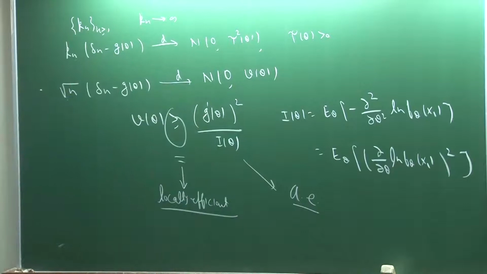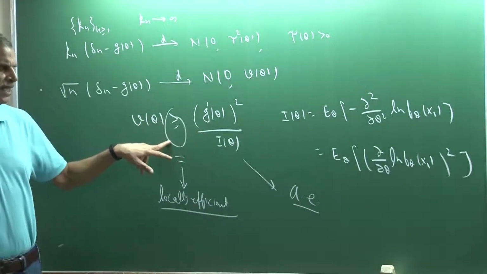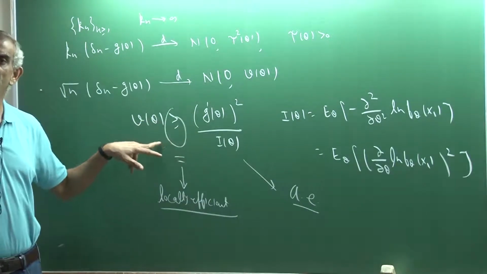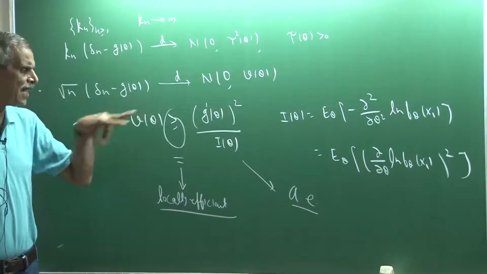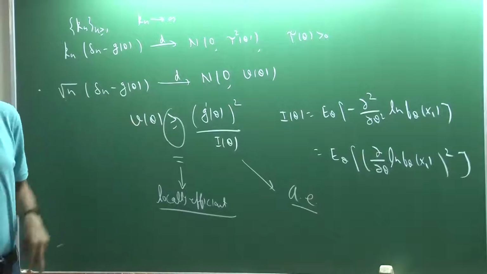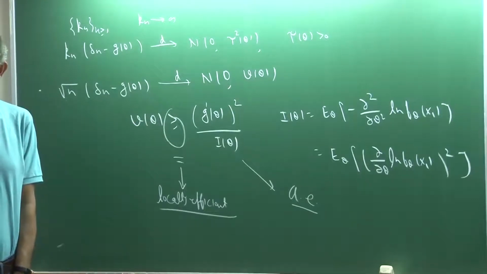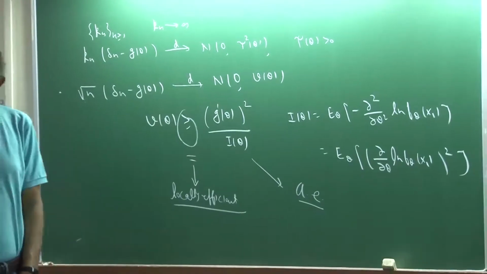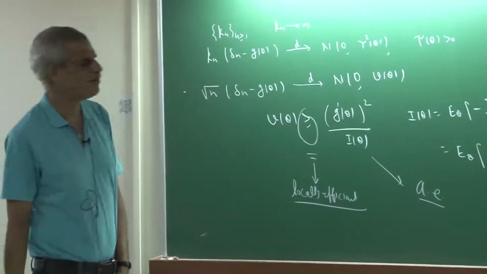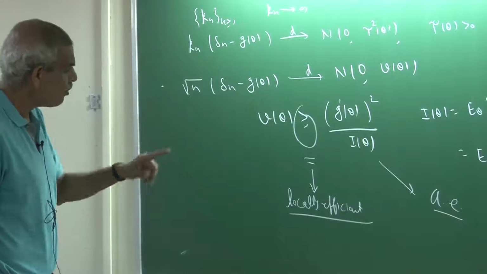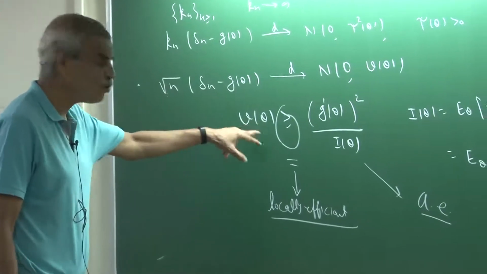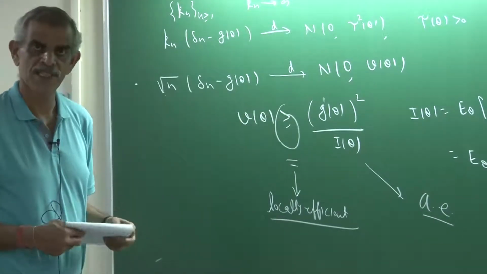That means the set of points where this inequality does not hold will have Lebesgue measure 0. So it suggests that we might have a few thetas where this inequality doesn't hold, but the set of all such thetas would have Lebesgue measure 0. But more important to note is there could be some thetas where this inequality is not attained.